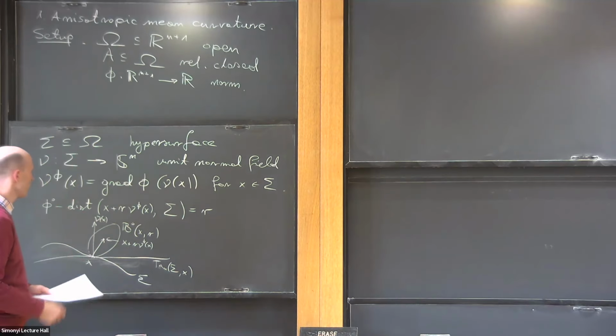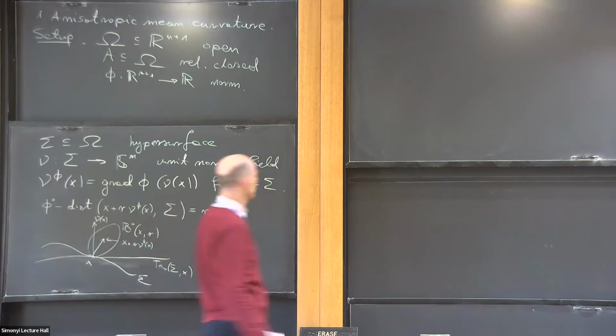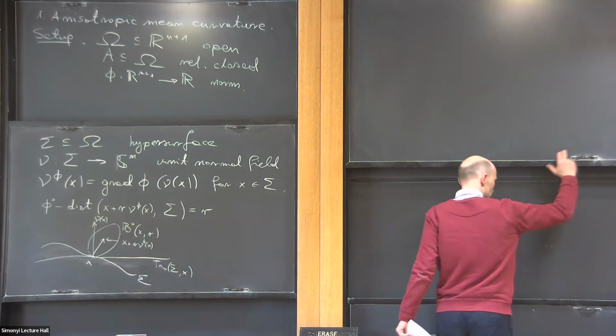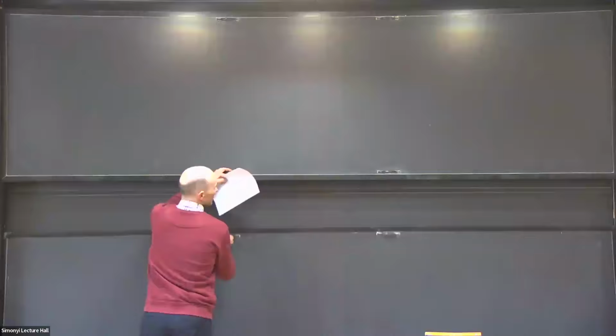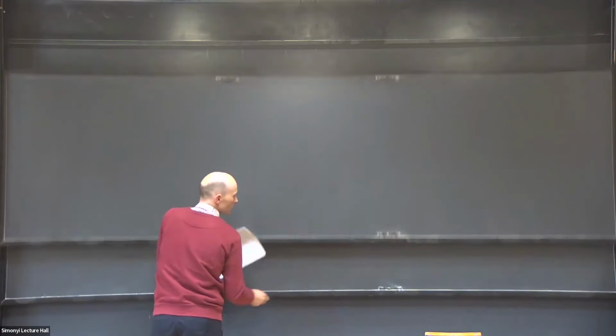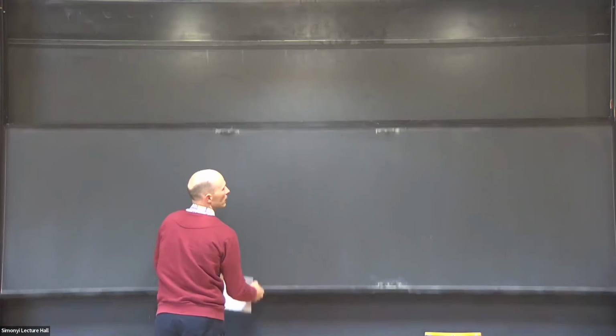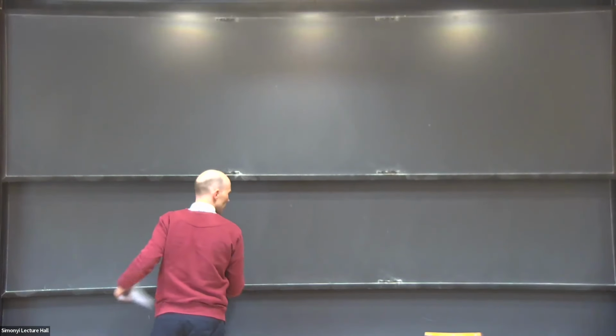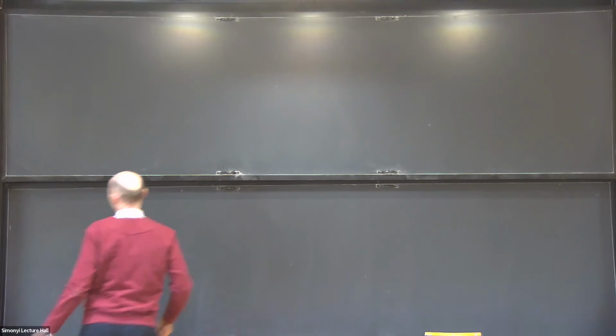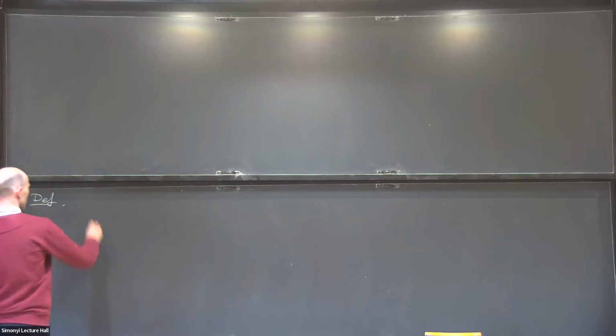Okay, so now to define what is called the mean Phi curvature. The mean curvature in differential geometry is the derivative of the normal. So here we define also the mean Phi curvature vector.